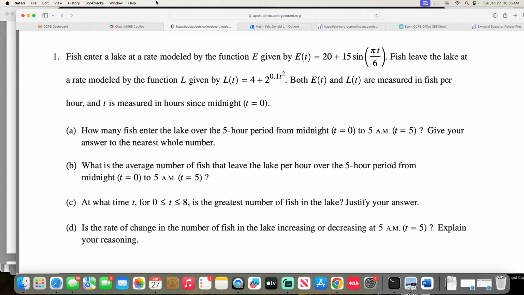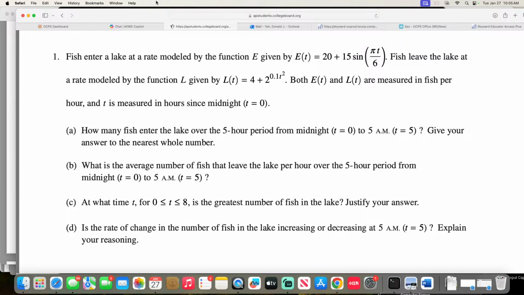So what do you think the greatest number of fish is in mathematical terms? Absolute maximum value. But then we have to take into account that fish are entering and exiting. So that's the net.